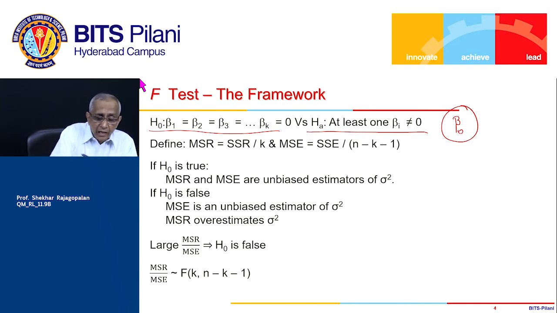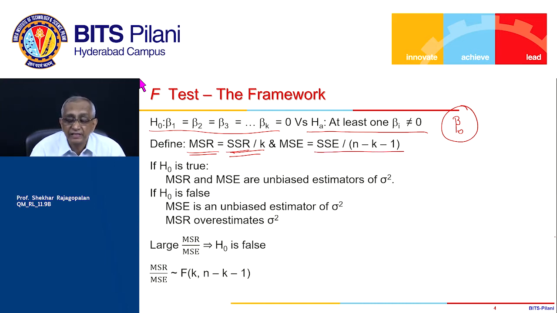We now define MSR as, if you recall, the regression sum of squares, due to regression, divided by k, and we define MSE as the error sum of squares divided by n minus k minus 1.